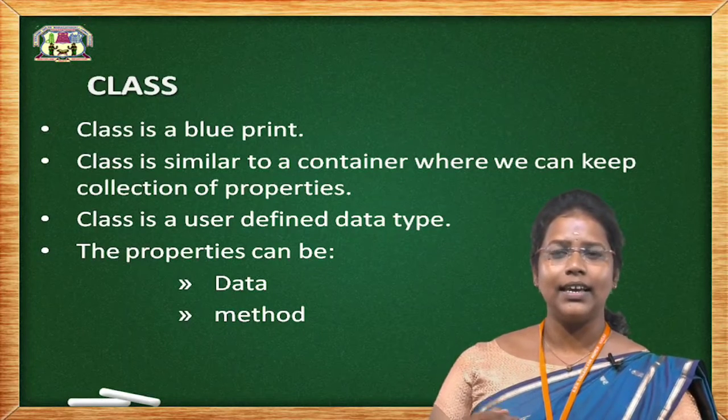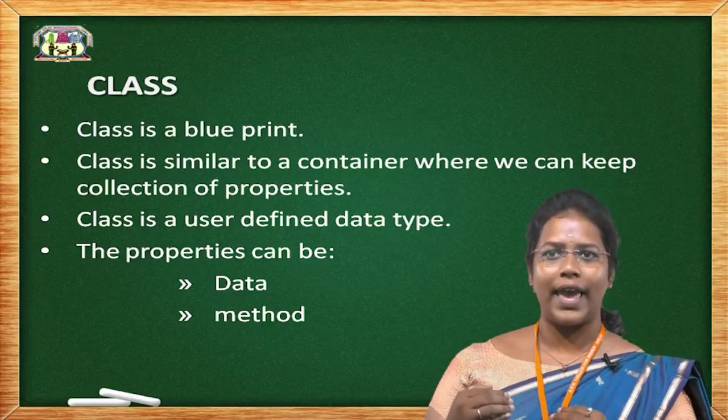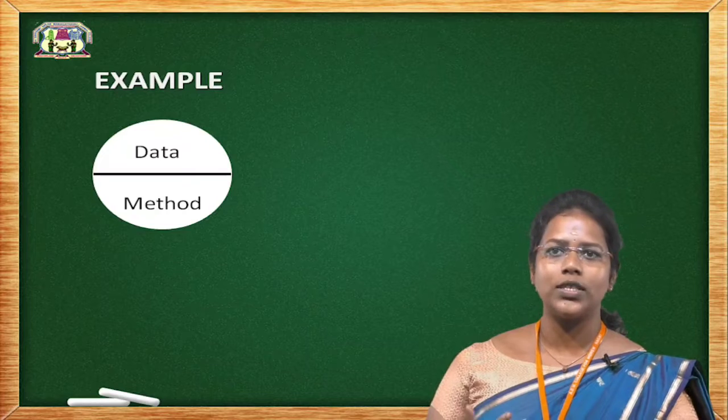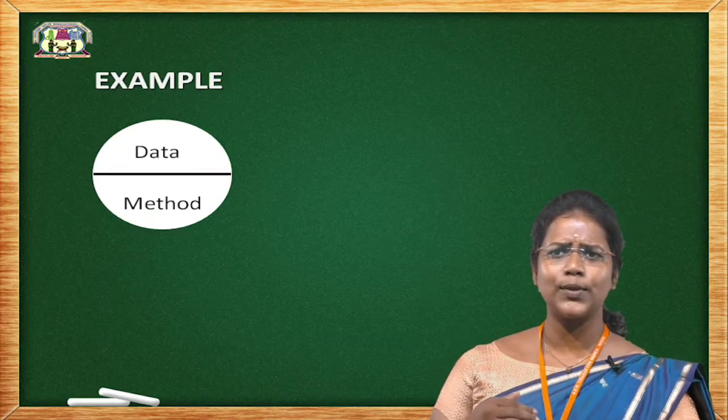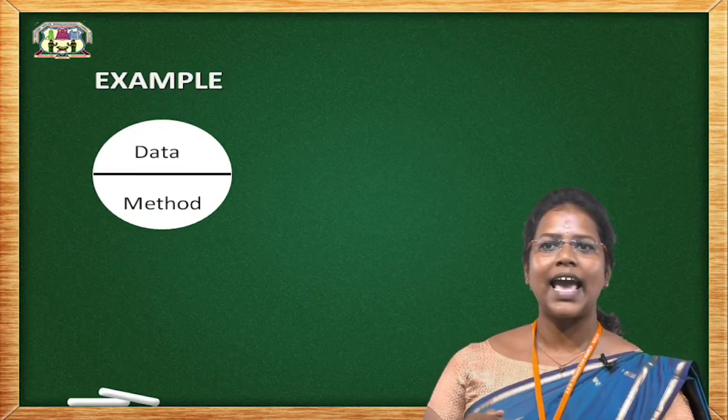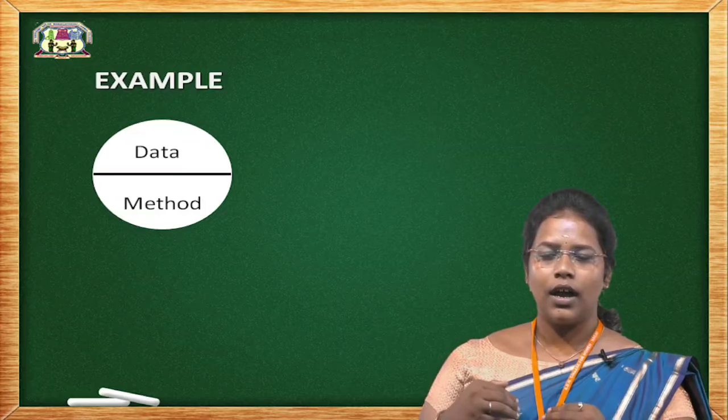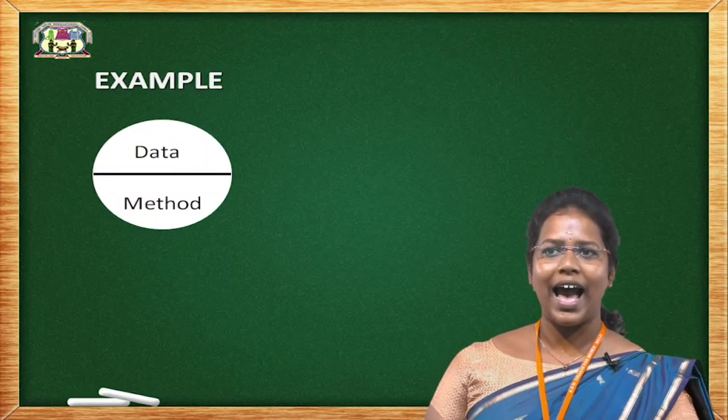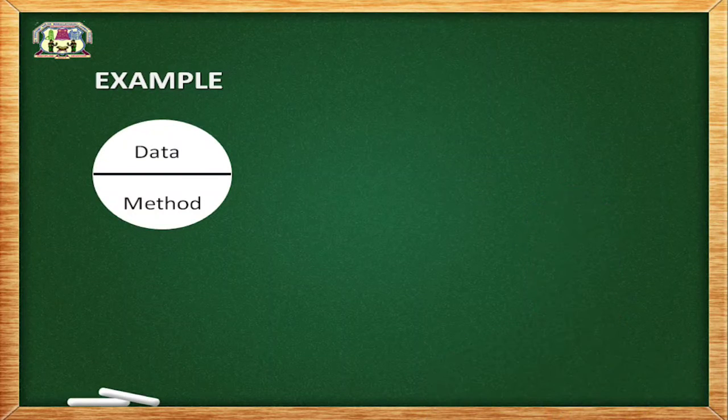These two properties, data and method, are collectively known as a class. Let us consider the following example to understand the concept of class well. This oval shape can be considered as a class. As we discussed earlier, a class consists of two properties. One is data and the other is method. Data and method together are called a class.